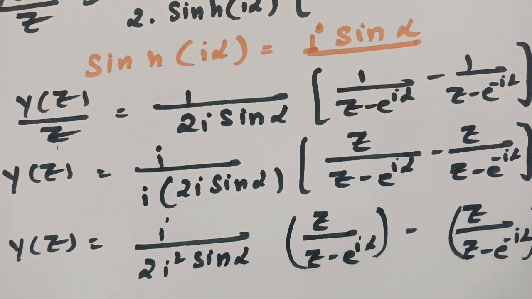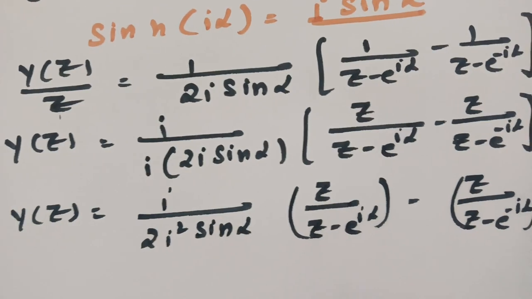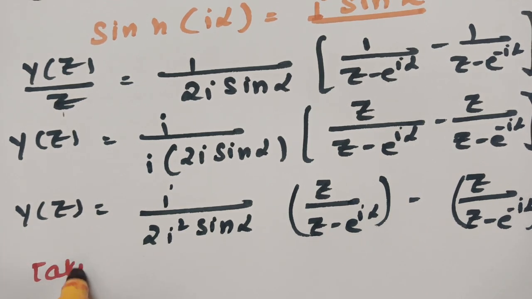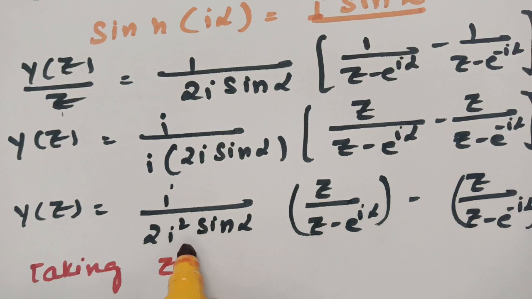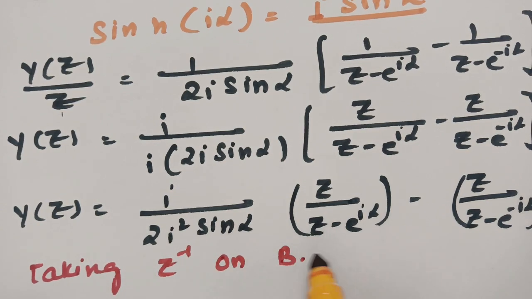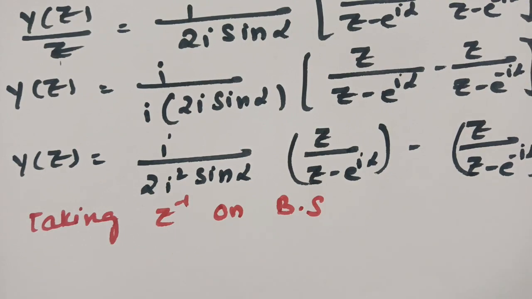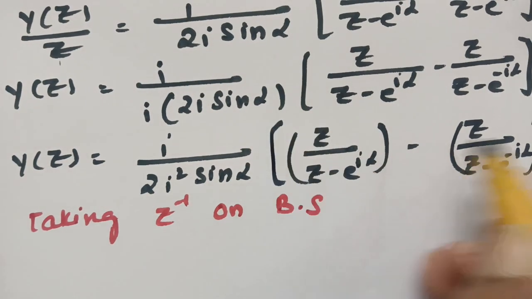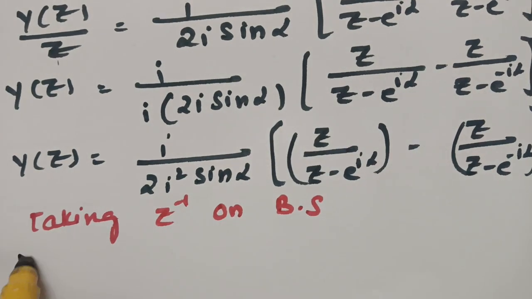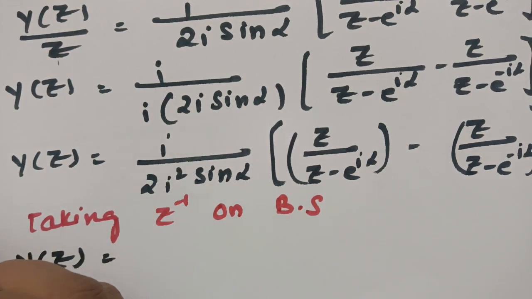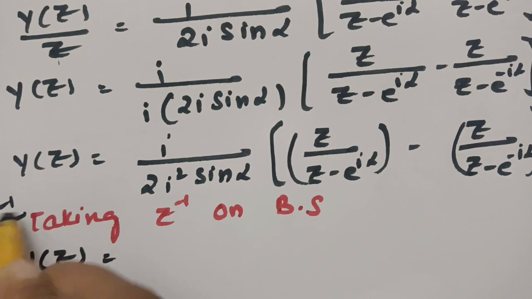Clear? Now taking z inverse on both sides. See, y of z is equal to, this i square is minus 1.